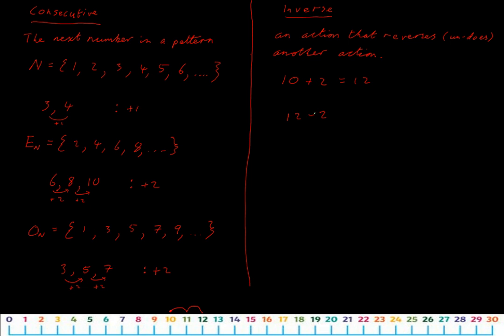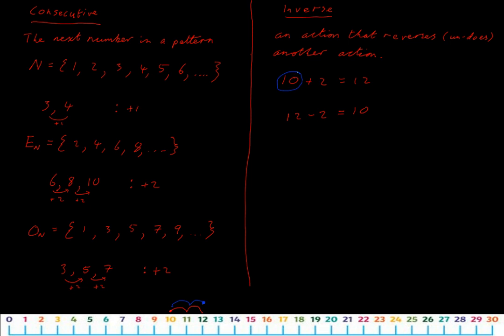If I wanted to undo that, I would end up subtracting 2. And I'd start at 12 and I'd go down 2, because I'm subtracting, I get smaller by 2, and I'd end up back at 10 again.